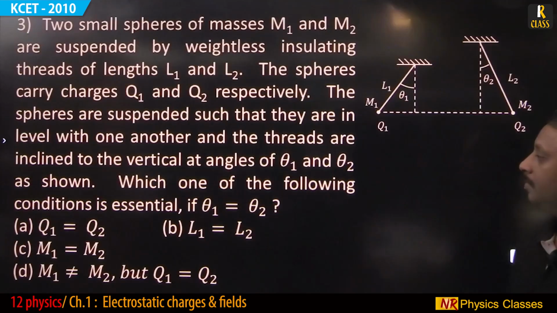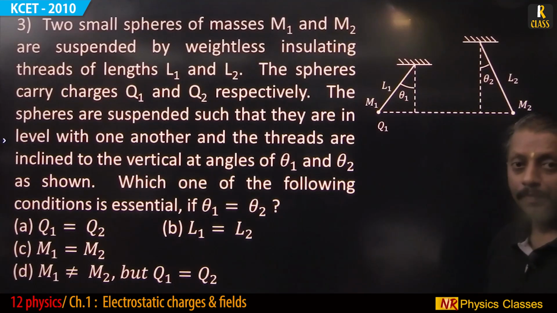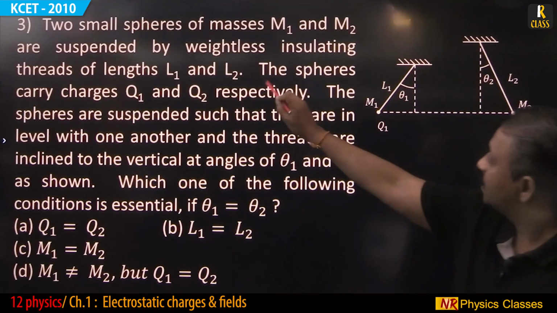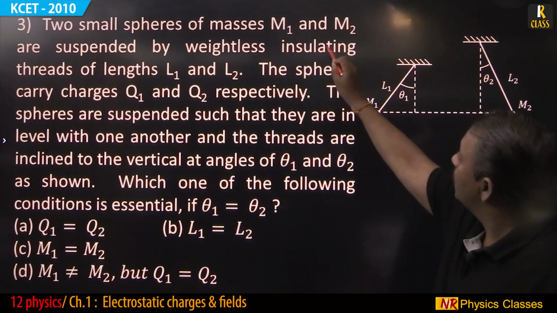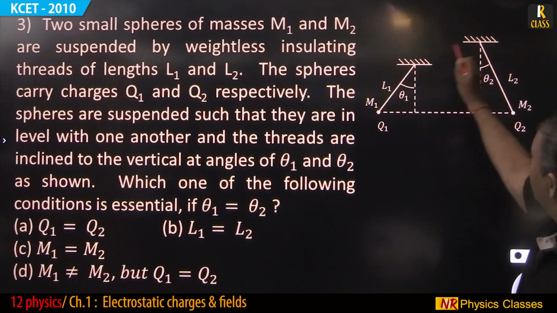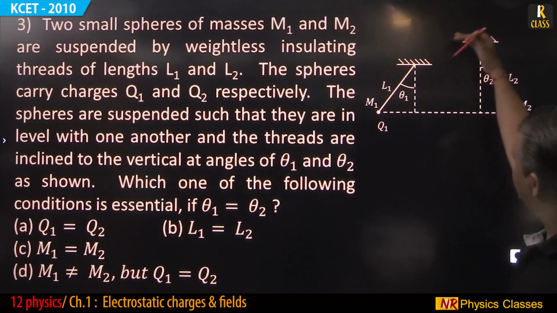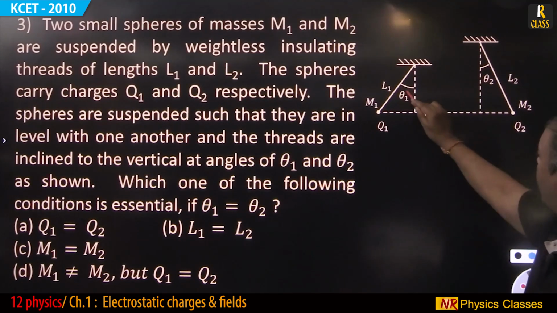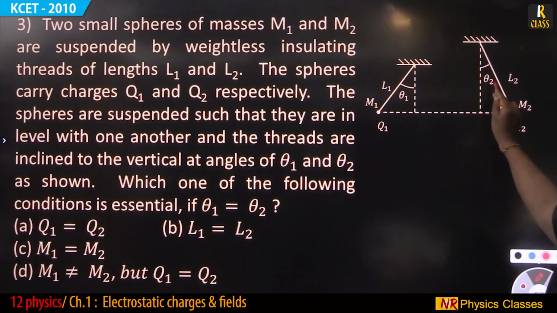Okay. This is a beautiful problem. Just go through it once. Two small spheres of masses m1 and m2 are suspended from these 2 points at different levels. Lengths are L1 and L2, angles are theta 1, theta 2.